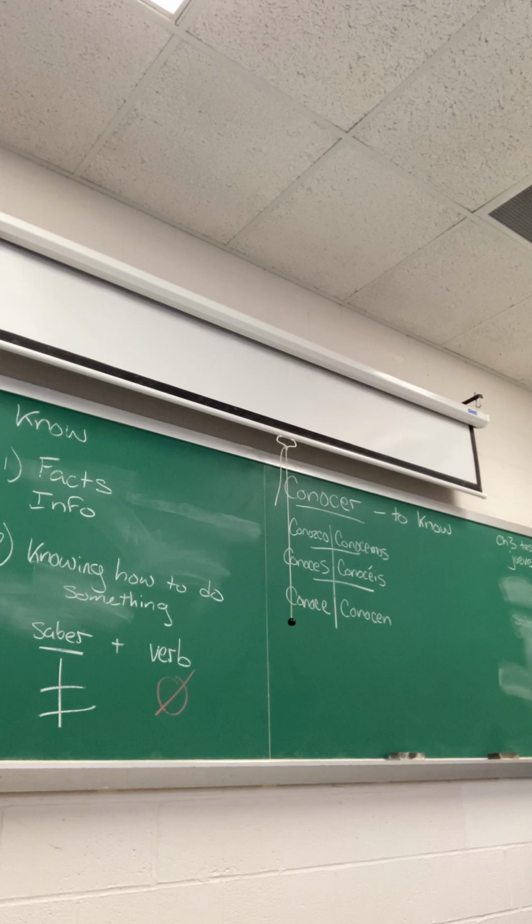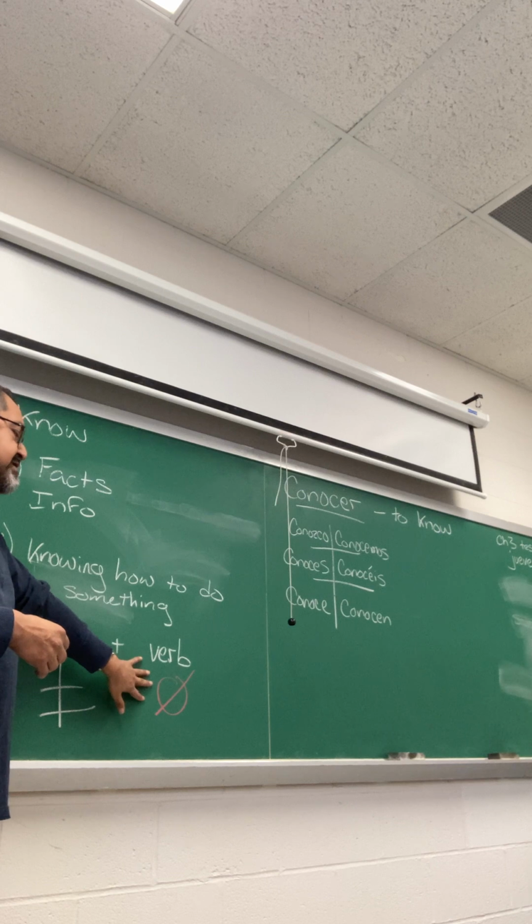I know how to play tennis. And once again, only because I know information about Shuya, Shuya sabe jugar al béisbol. He knows how to play baseball. So, a form of saber, and then whatever it is that you know how to do.